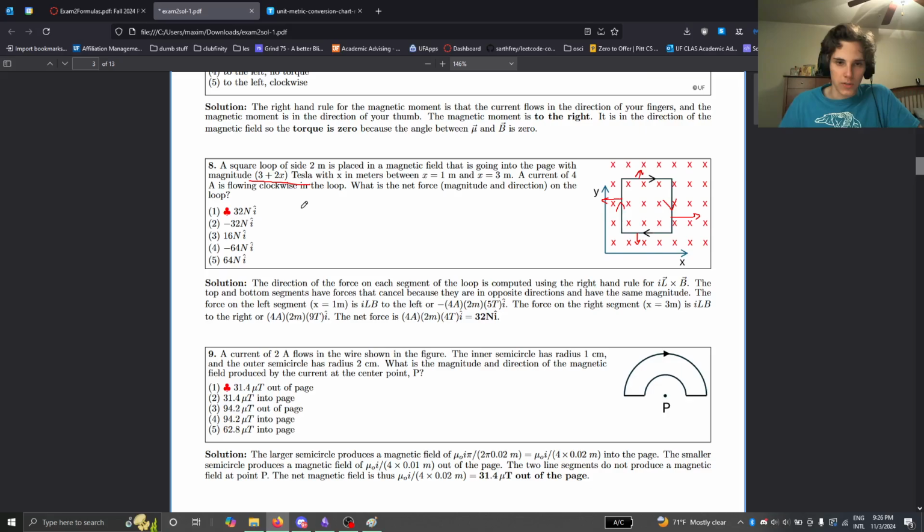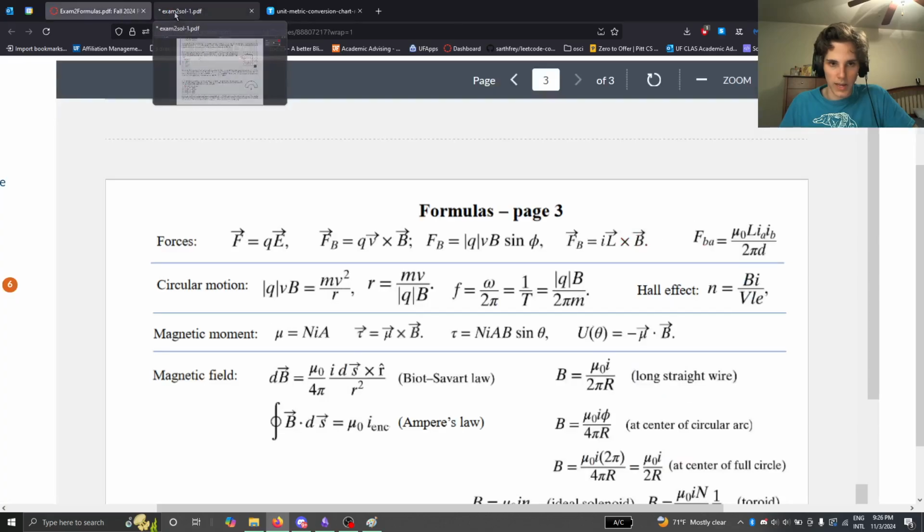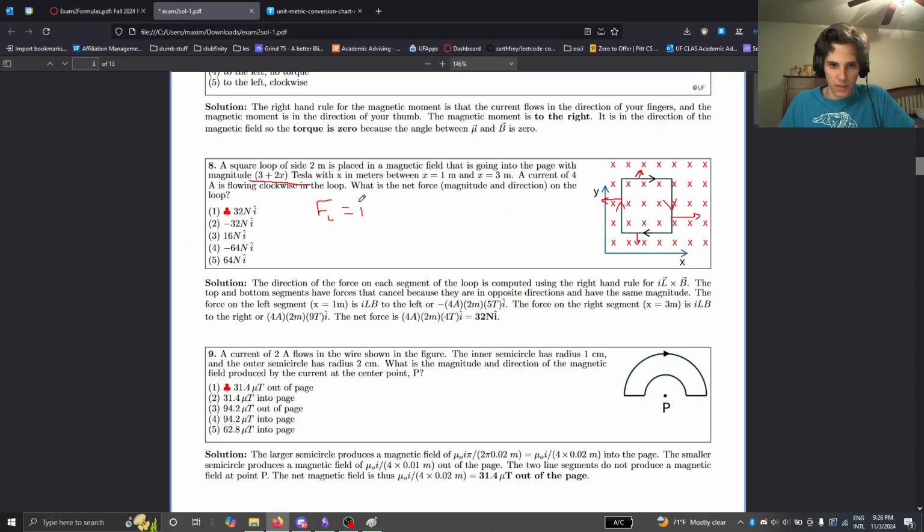When we actually solve for this, so on this left side here, I'll say force to the left, it's just going to be ILB, this one here. Everything's perpendicular, so we don't have to worry about angles or cross product, we just multiply. So what is B?